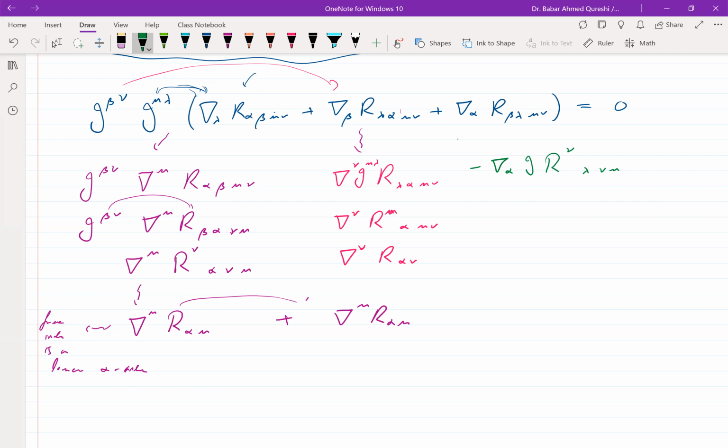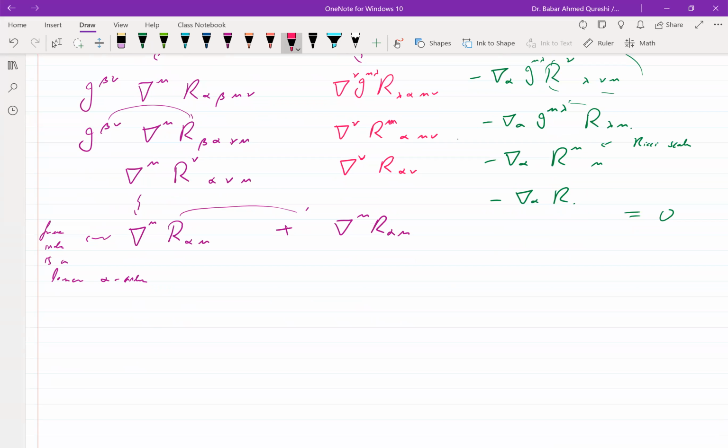I still get a g mu lambda, but this is now a Ricci, lambda mu, and raising the lambda, it becomes mu. This is just the Ricci scalar, because the two indices on the Ricci tensor have been contracted. And this whole thing is equal to 0.